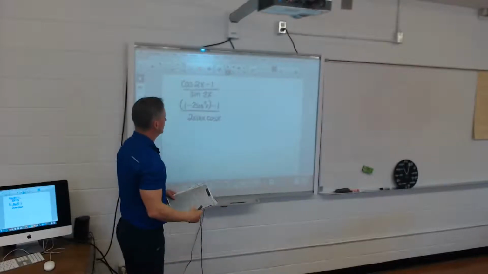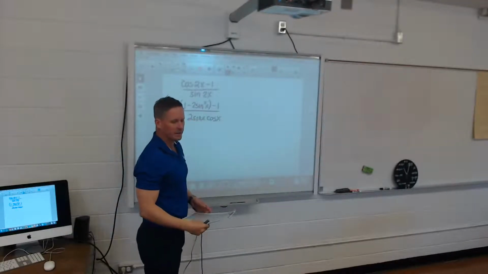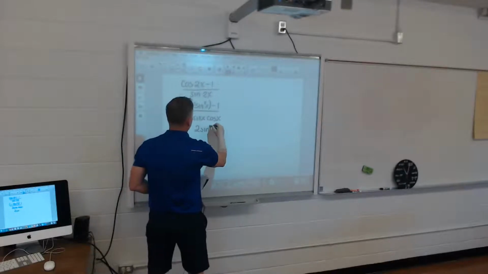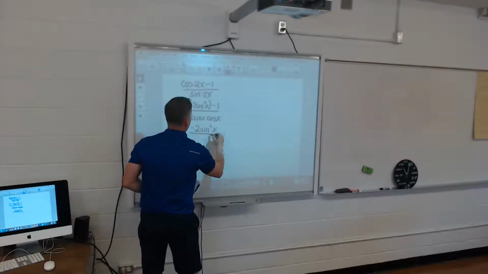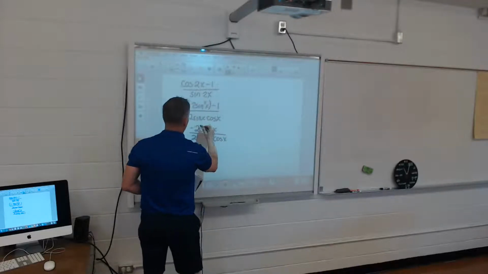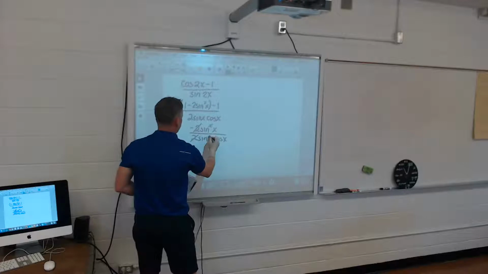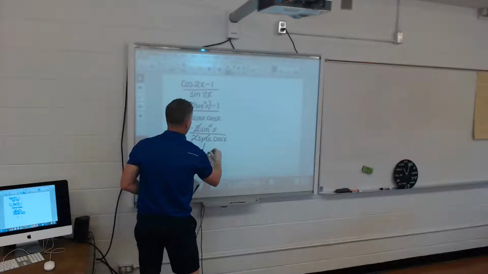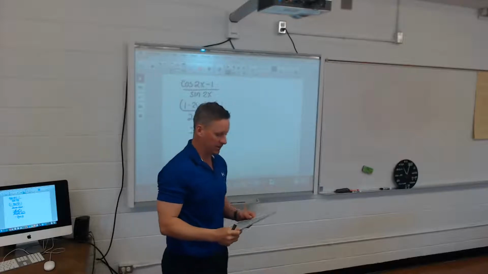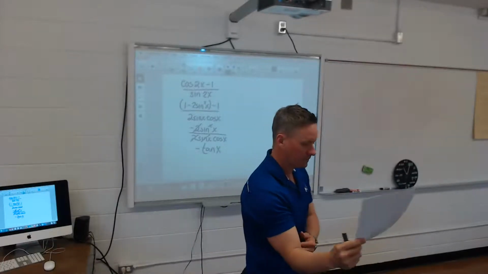Subtract 1. And the reason I do that is to get rid of the 1's, because 1 subtract 1 is 0. So I'm left with negative 2 sine squared x over 2 sine x cos x. 2's cancel, sine cancels with that one, and I'm left with negative tan x, which was A in that question.